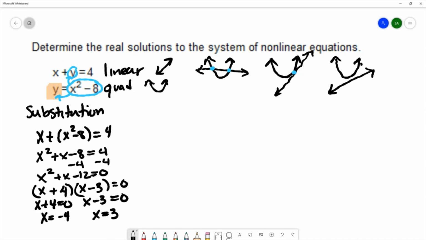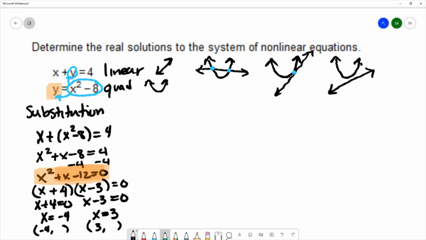Now those are solutions to the equation that we have here, not solutions to the overall system. Solutions to the system should be ordered pairs. So we have the x-coordinate of one solution and the x-coordinate of another solution. We still need to find the y-coordinate.